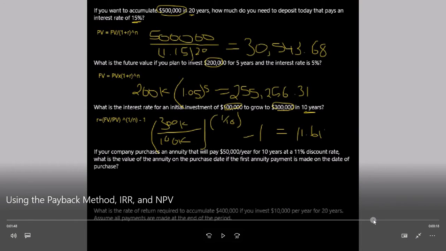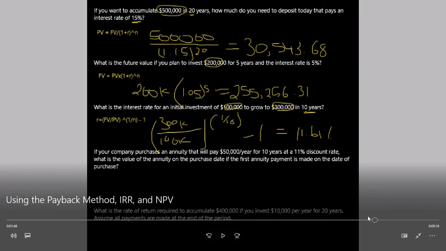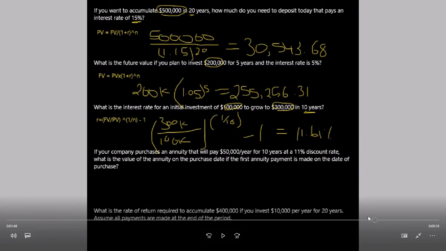And we come up with 11.61% is our interest rate. The next we're looking for: if your company purchases an annuity that will pay $50,000 a year for 10 years at an 11% discount rate, what is the value of the annuity on the purchase date if the first annuity payment is made on the date of purchase?